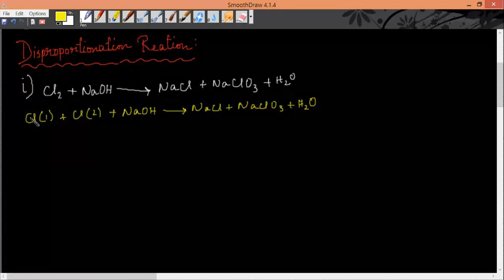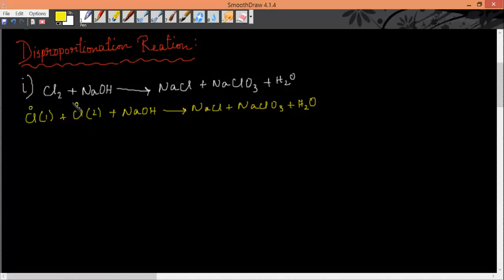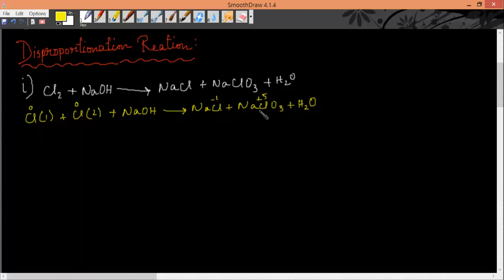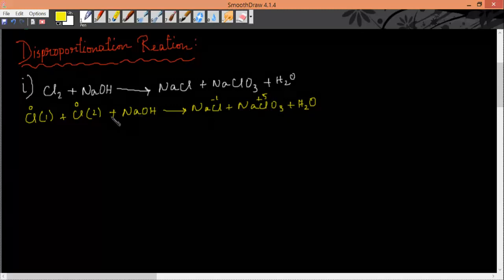Okay. For free elements, what is the oxidation number? 0. And for Cl minus, it is -1. For NaClO3, the oxidation number of chlorine is +5, because for oxygen it is usually -2, and 3 into -2 gives -6, plus 1 for sodium, which leaves +5 for chlorine.